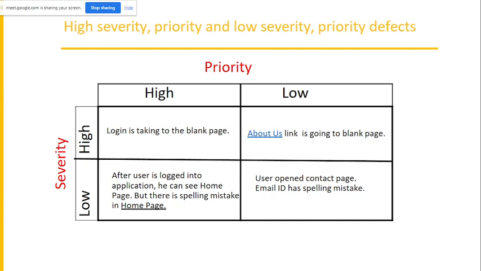See, priority is low, but think from the application's business workflow, from the business point of view. If the About us link is not working, how can the customer get to know about the company, Pooja?